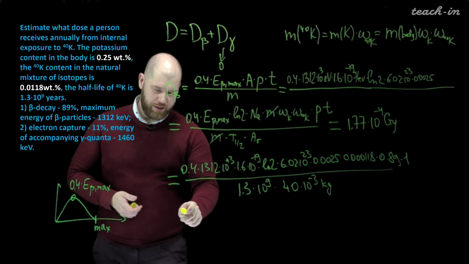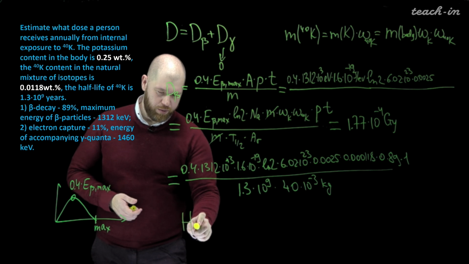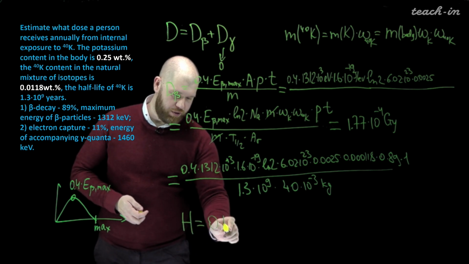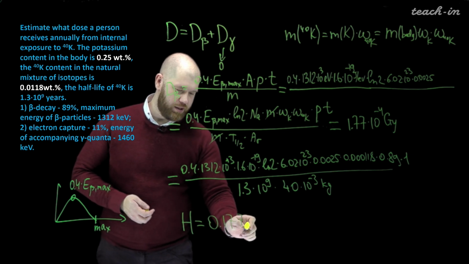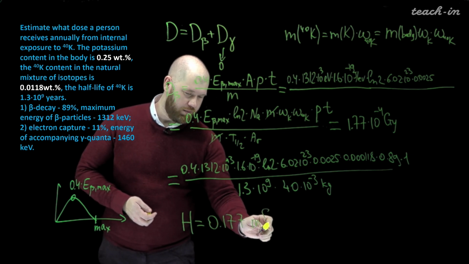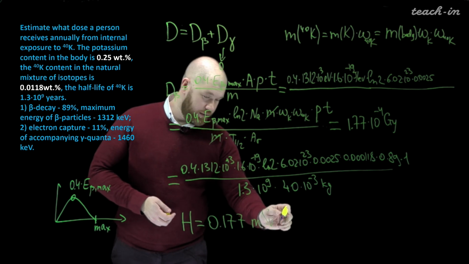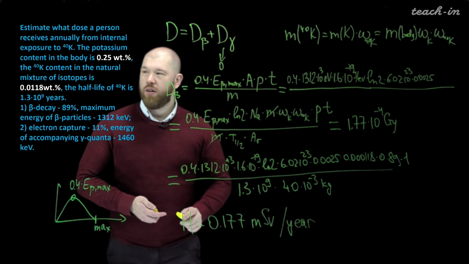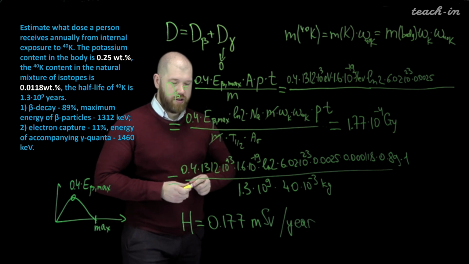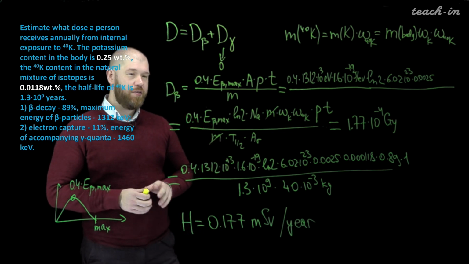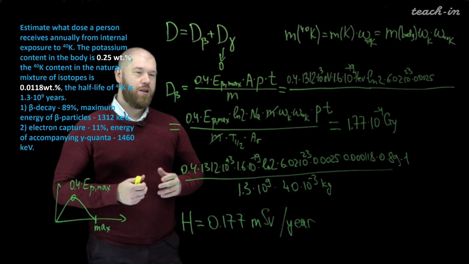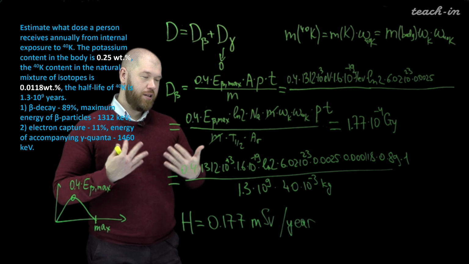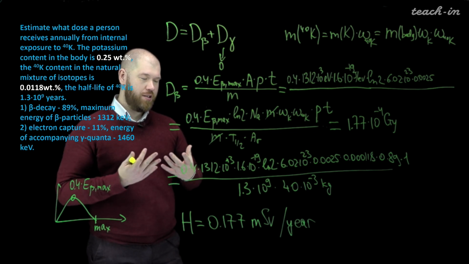And we can say that this equivalent dose in our case will be 0.177 millisievert, and this is dose per year. So around 0.2 millisieverts per year we receive from the potassium-40 that is located inside our body.